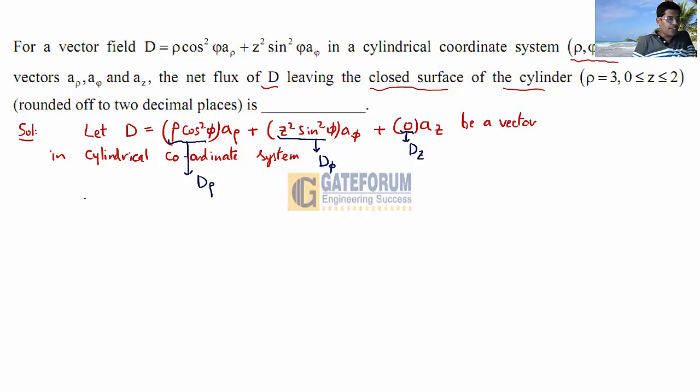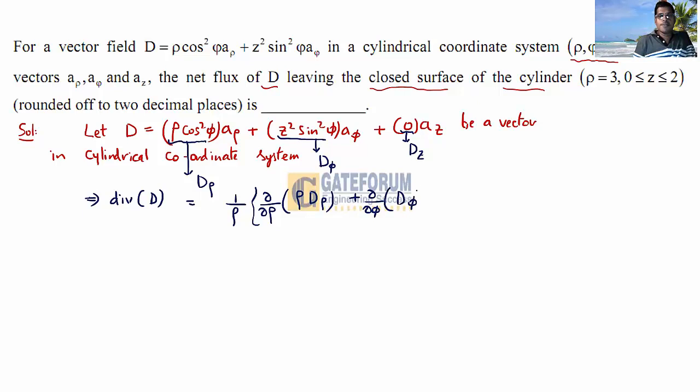first find the divergence. The divergence of this vector field D is equal to the formula 1 by rho into dou by dou rho of rho D rho, plus dou by dou phi of D phi, plus dou by dou z of D z.